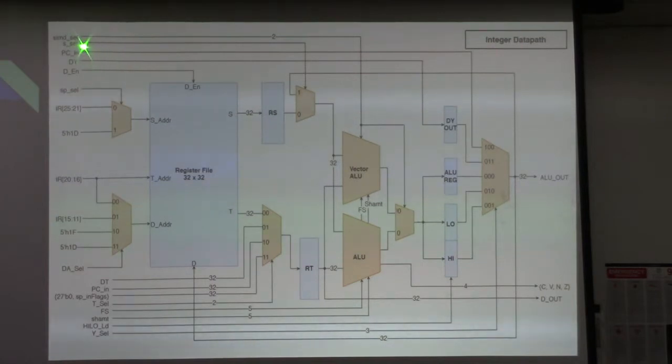Using this SIMD select, we choose either the 8 or 16-bit vector type, and it also decides whether this new mux that we created will take in the data from the vector AOU or the original AOU.